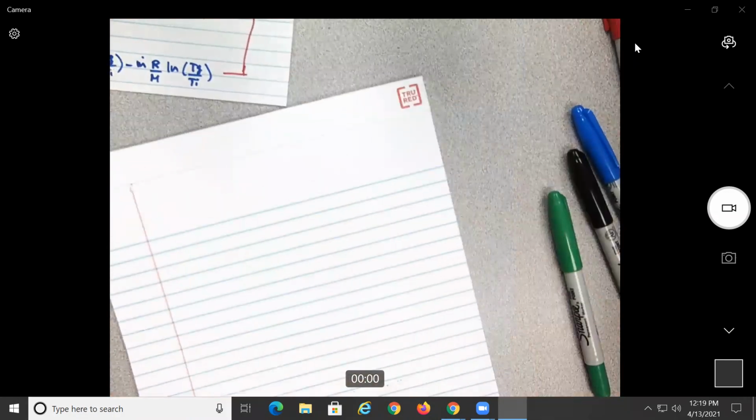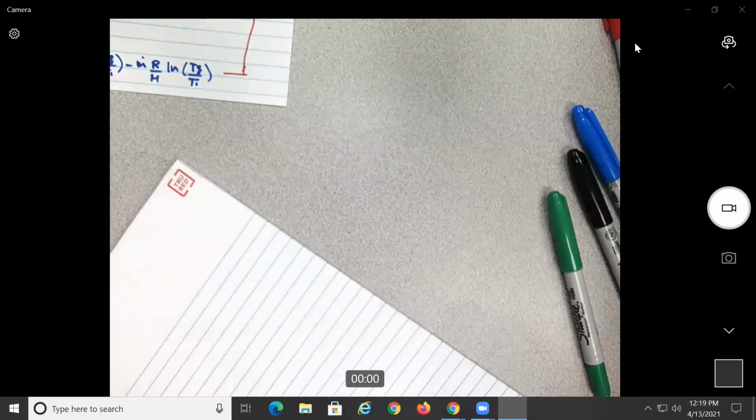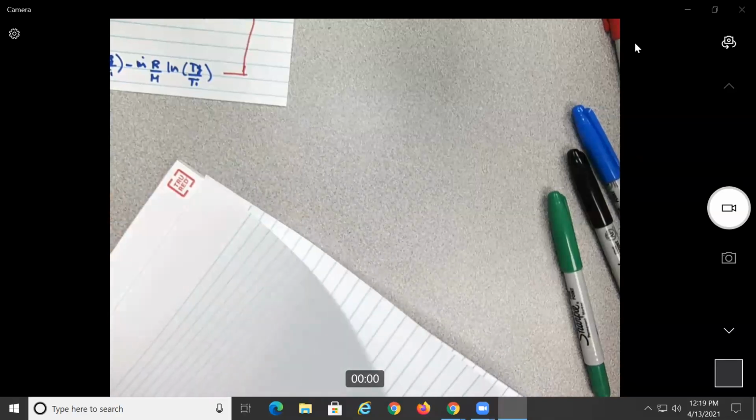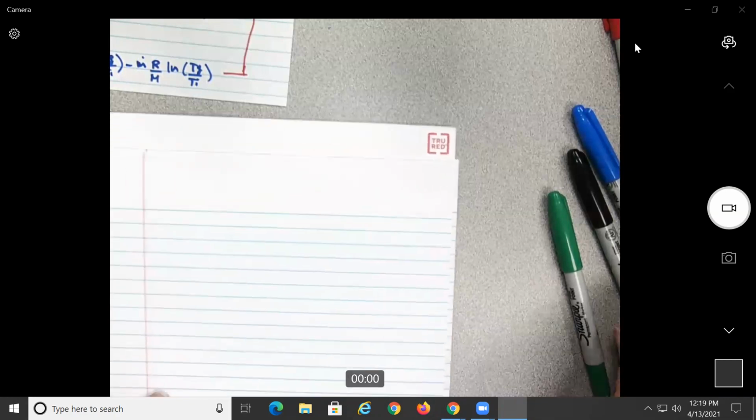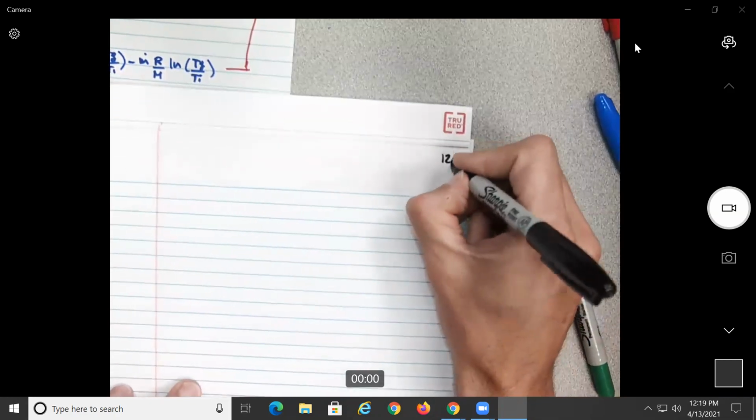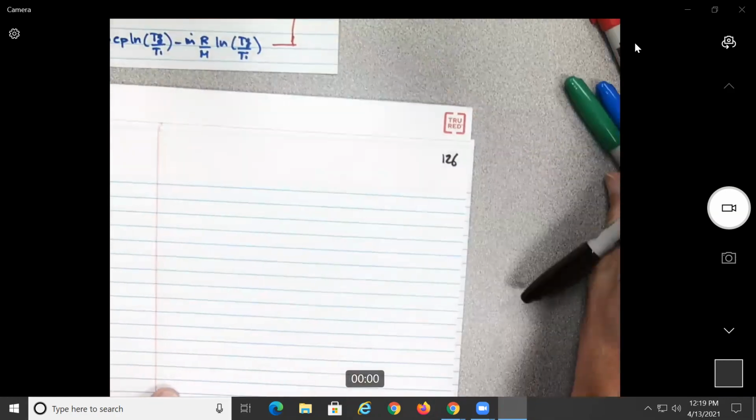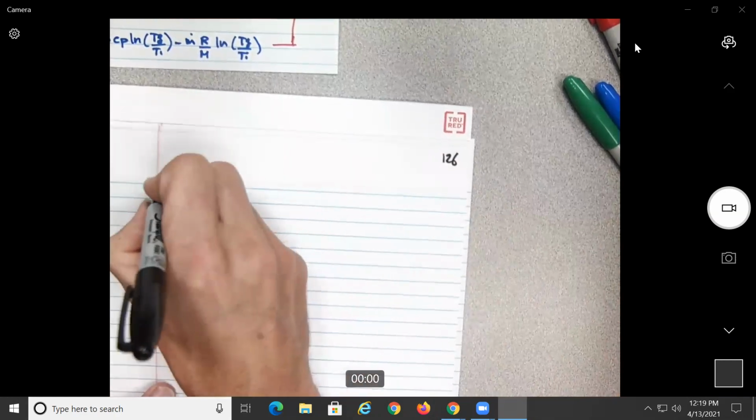We're going to get, page 126, the total change of entropy.